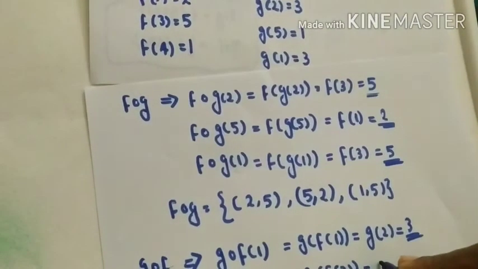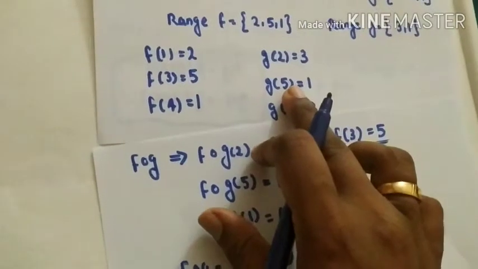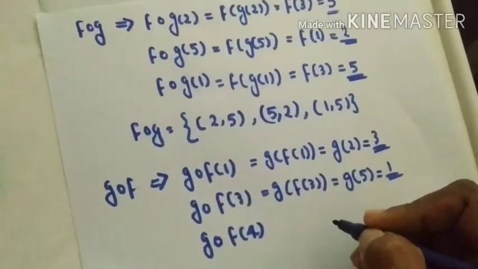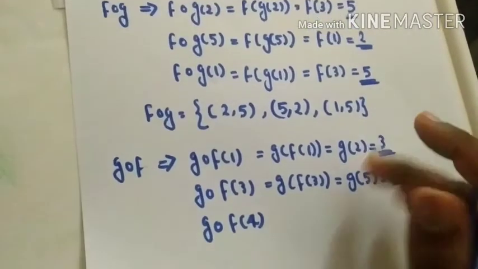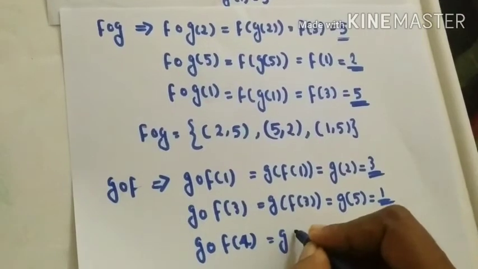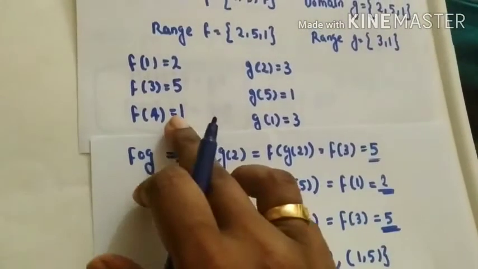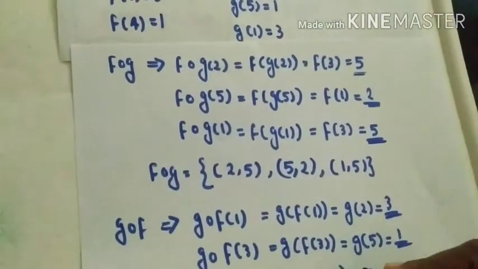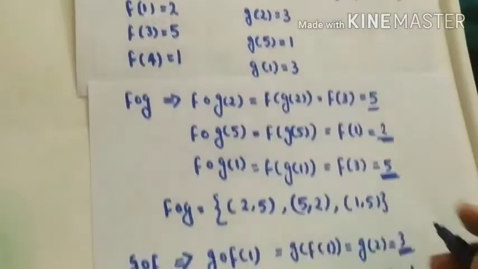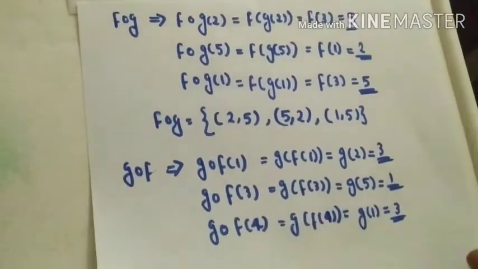So substituting here we get g of 5, and g of 5 will be 1. And the last one, g of f of 4. We know the value of f of 4 equal to 1. So substituting we get g of 1, and the value of g of 1 is 3. Okay.